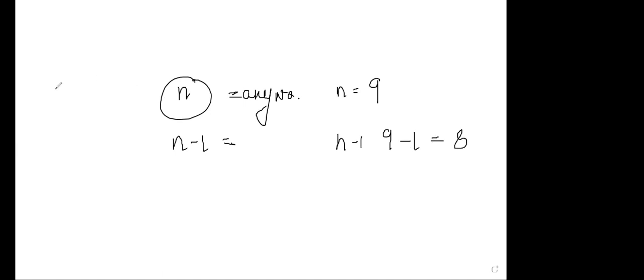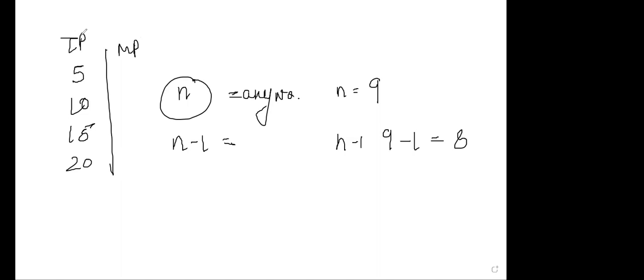So for example, over here you are getting 5, 10, then 15, then 20, like this. Over here, you have to find MP. For example, this is your TP. So what was the formula? MP equals TPN minus TPN minus 1. This N means number, like first, second, third, fourth.